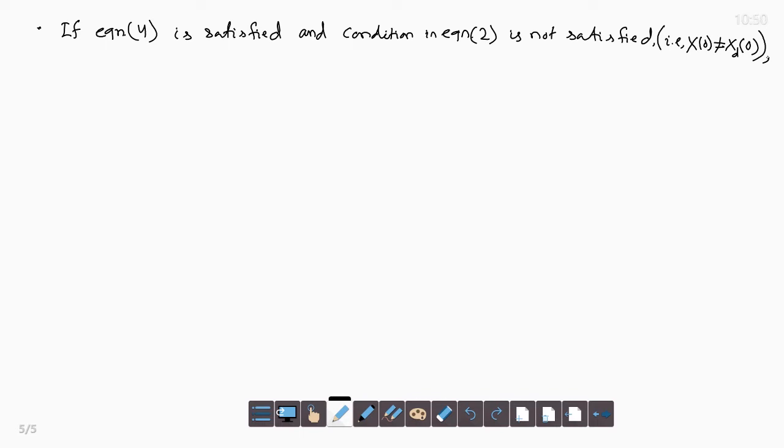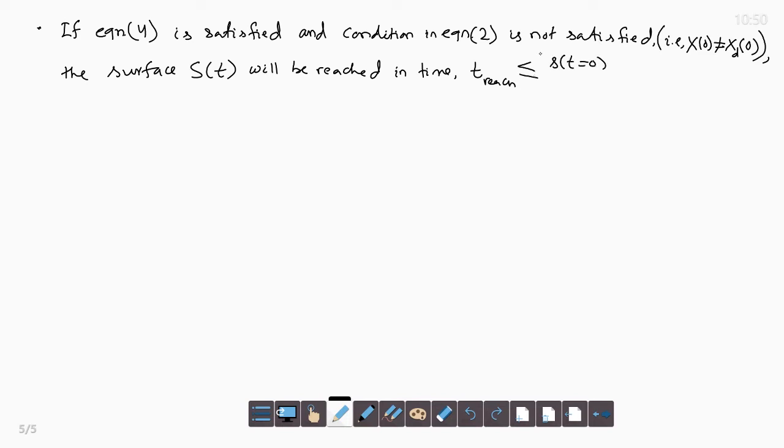So if it is not satisfied, the surface S(t) will be reached in time t reach less than or equal to magnitude of s(0) divided by eta. This is the reaching time and equation 4 is the reaching condition.